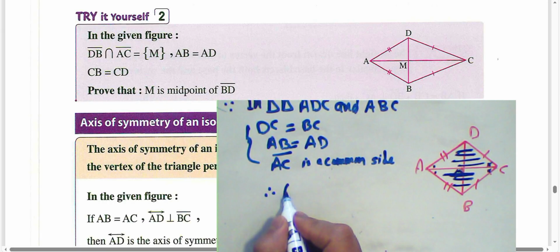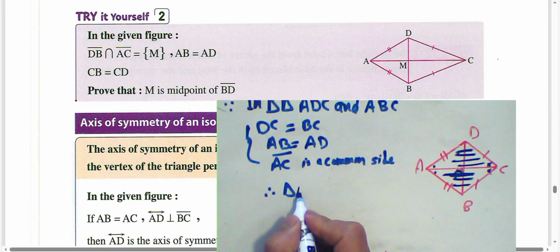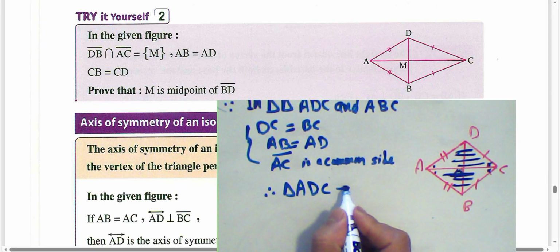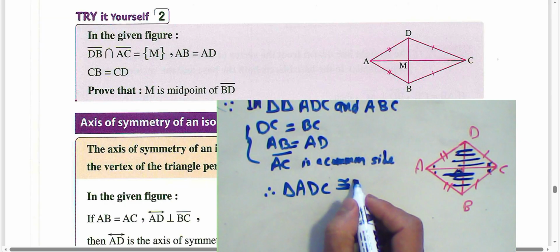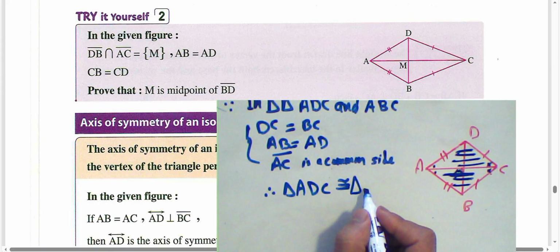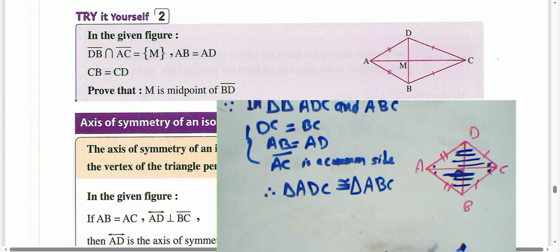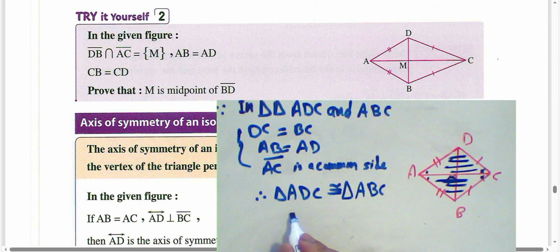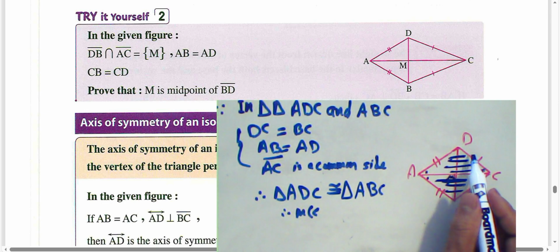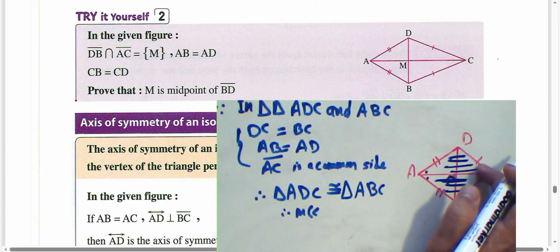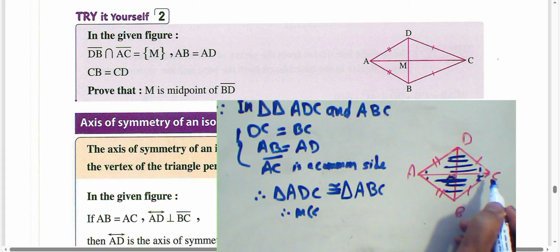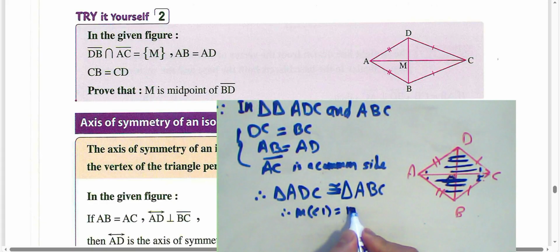Then triangle ADC is congruent to triangle APC. The two triangles will be congruent. Then the measure of angle DCA here, I will call angle 1 and angle 2. Then the measure of angle 1 equals the measure of angle 2.